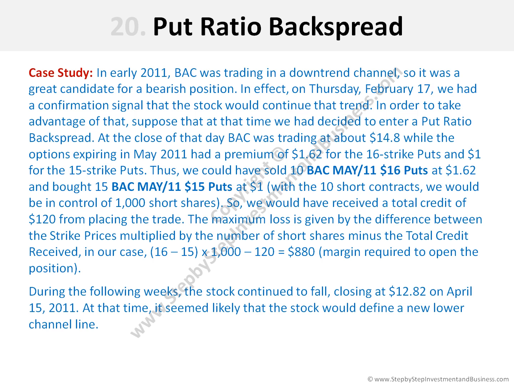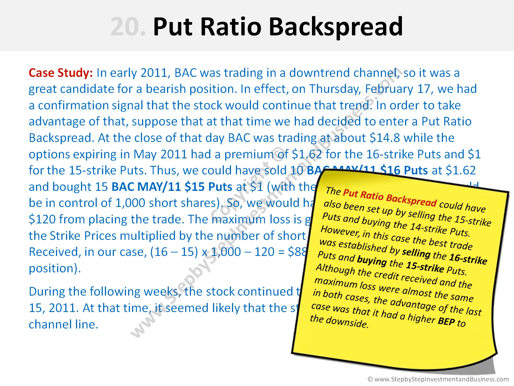During the following weeks, the stock continued to fall, closing at $12.82 on April 15, 2011. At that time, it seemed likely that the stock would define a new lower channel line. The put ratio backspread could have also been set up by selling the 15 strike puts and buying the 14 strike puts.